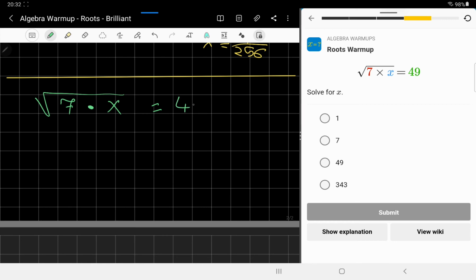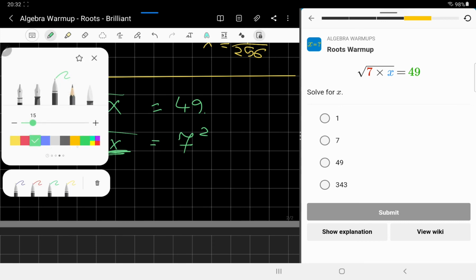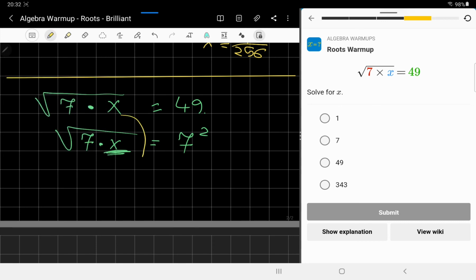Number 15. The square root of 7 times x equals 49. How would you go about this? I would do 7 times x equals 7 to the power of 2. We could go backwards by asking what x would have to be so that the square root of this entire thing is 7 to the power of 2.